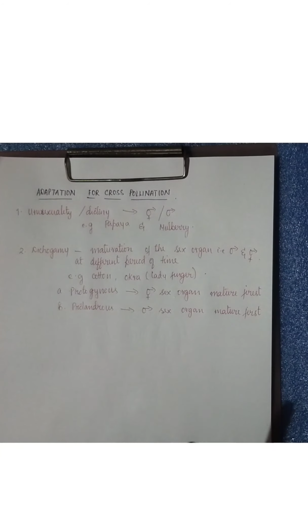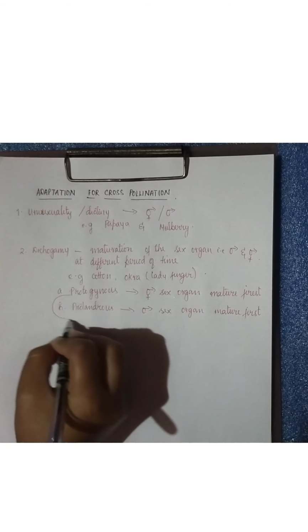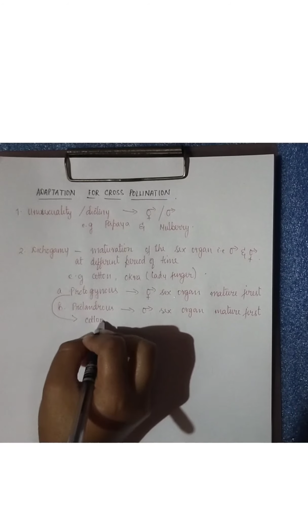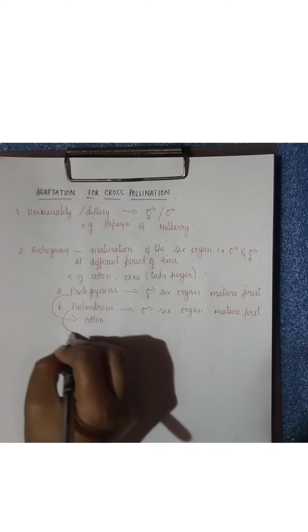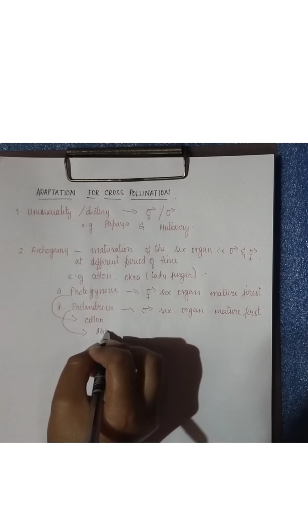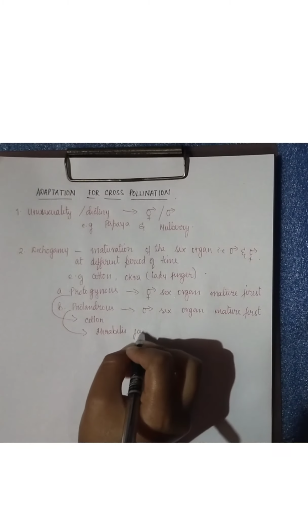That is, a cross-pollinated flower in which the male sex organ gets mature before the female sex organ. So an example of protogynous is cotton. Example of protandrous is mirabilis jalapa.